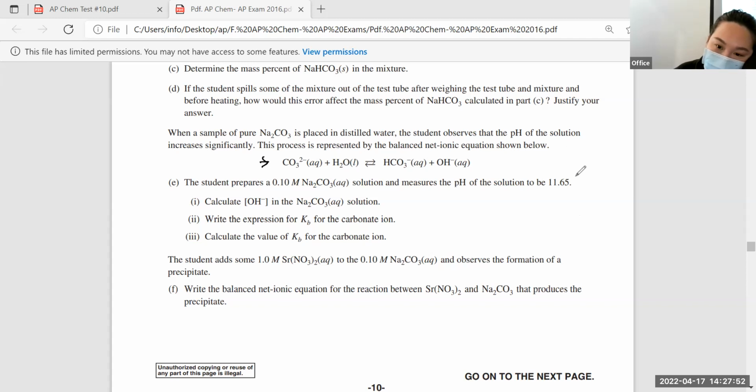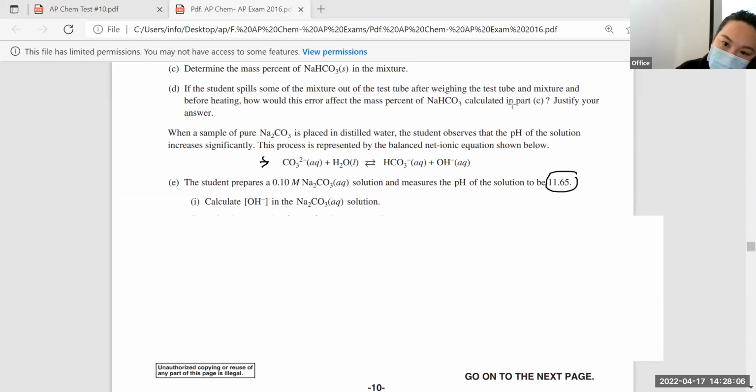Okay, so we know pH equals 11.65. This should be fairly easy. 11.65 equals negative log of H plus, because that's what pH is. So the H plus concentration is 10 to the negative 11.65.